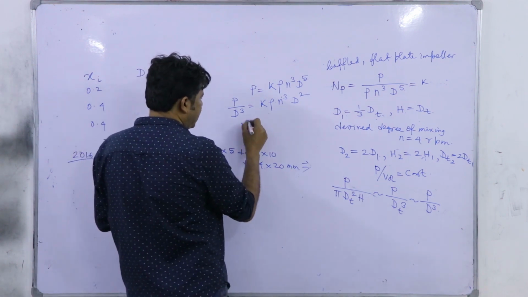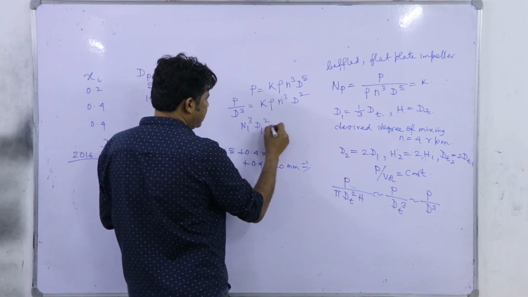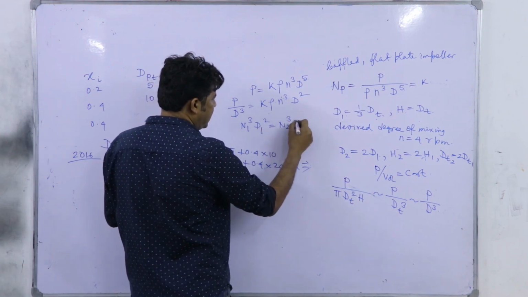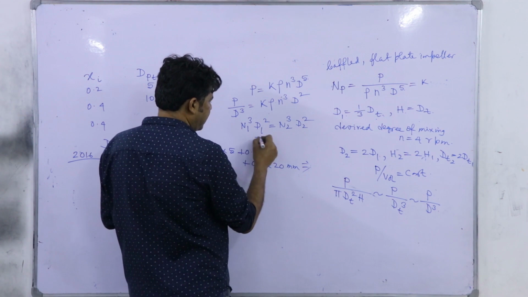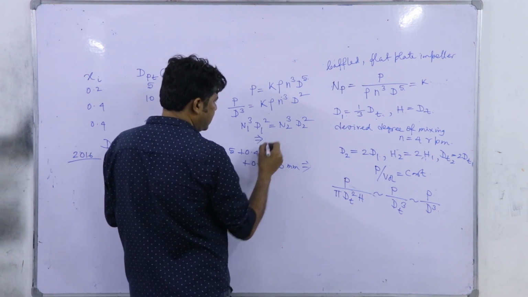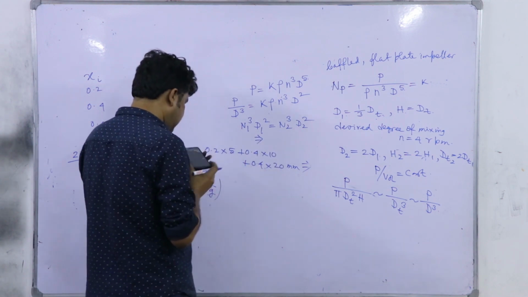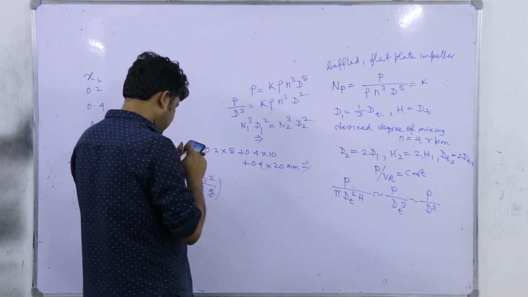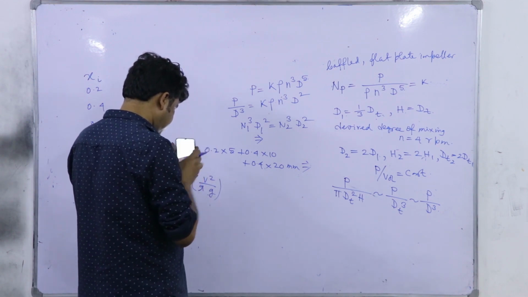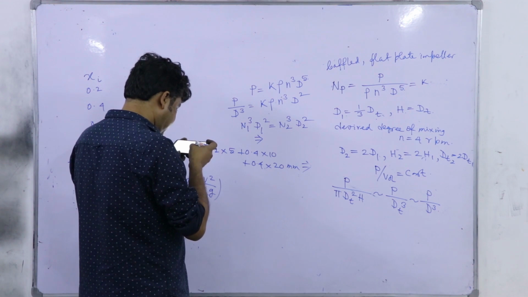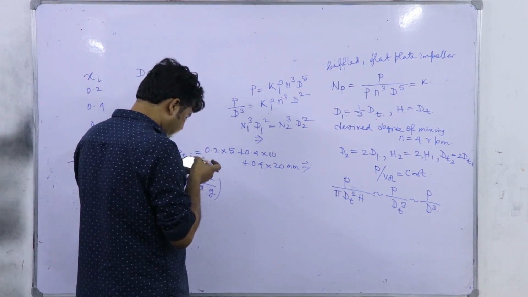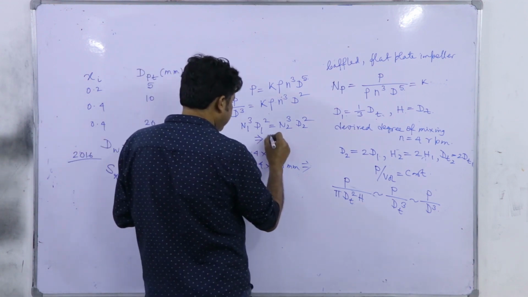So N1 cubed d1 squared is equal to N2 cubed d2 squared. So we have to calculate the RPM.